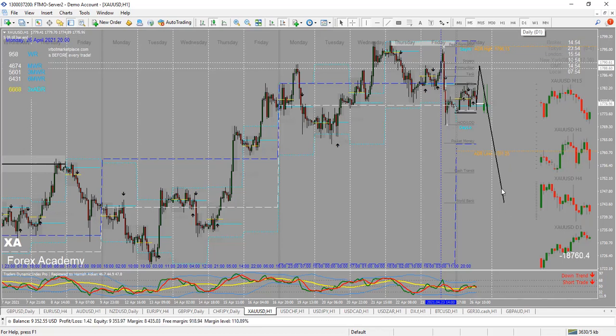This is where I'll be looking for gold to go to, at least test this previous week Monday open.